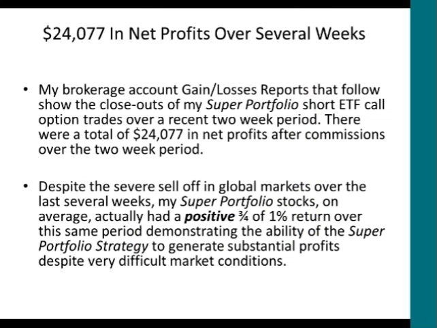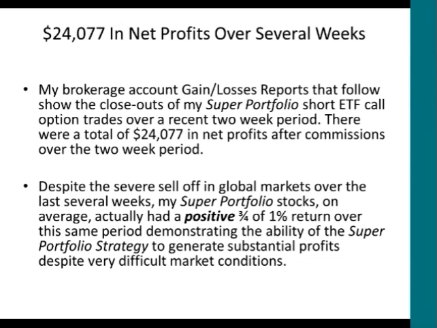And in this particular week, even though the global markets were very weak, I was able to double and triple dip on these short calls, and the super portfolio stocks over that same time period actually had a positive return.